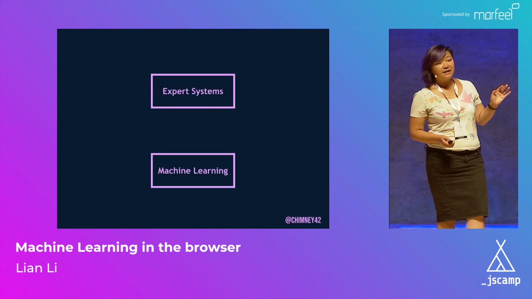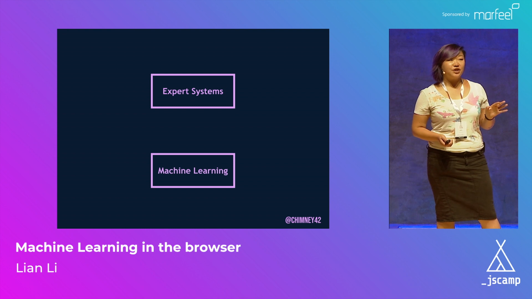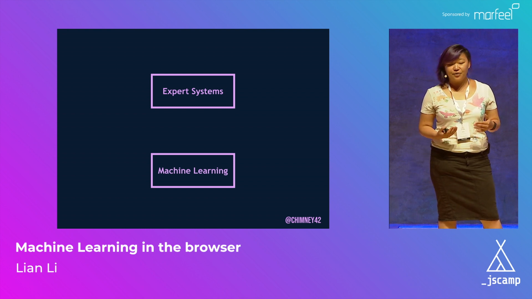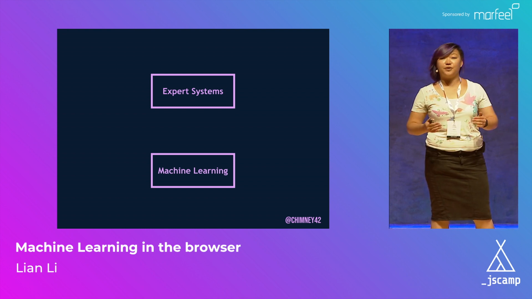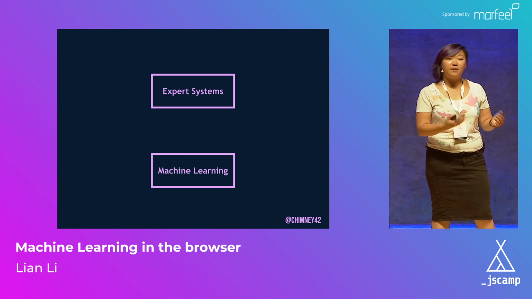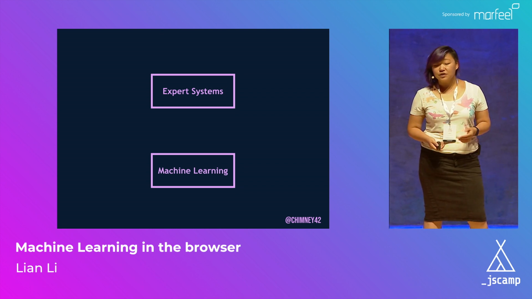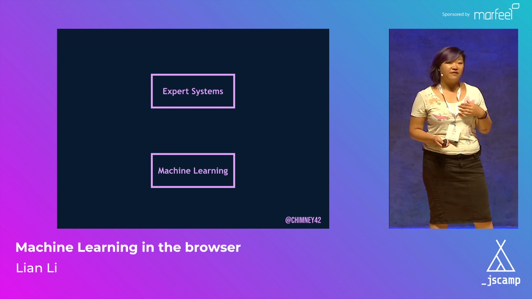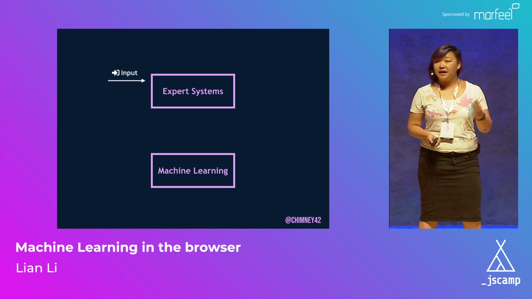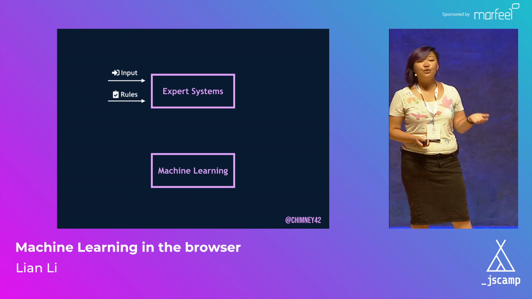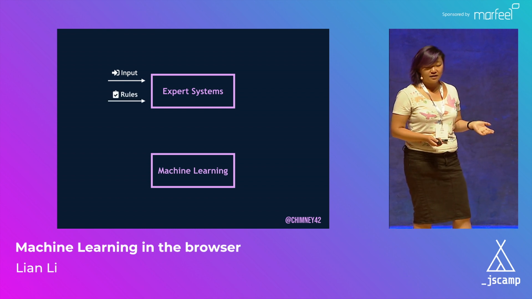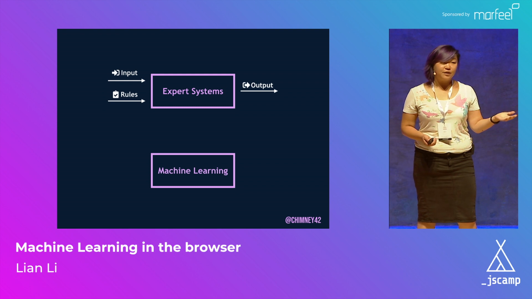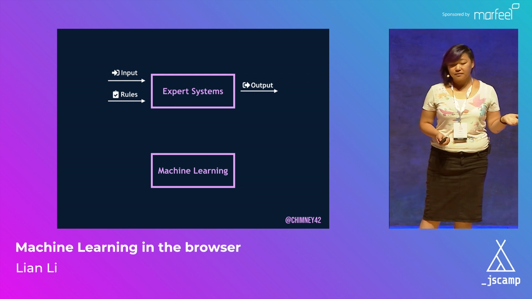So we have expert systems, which are the systems that we're building now. Those systems are experts in the problems they want to solve. For an expert system, usually, what we have to provide as developers are inputs and the rules, what to do with that input. And then that expert system will give us the output.